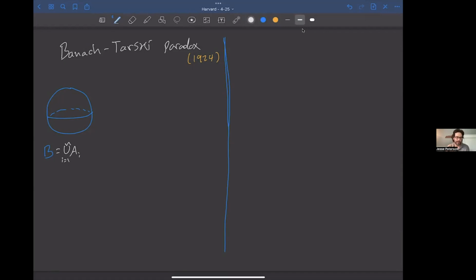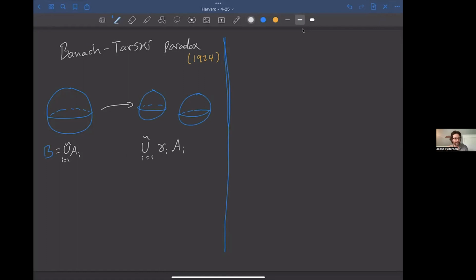And then for each one of these finitely many pieces, you can apply a Euclidean transformation, so just rotation, shift, reflection, etc. And then, after applying a different Euclidean transformation to each piece, you can arrange it so that you get 2 unit balls. So this new thing is the union, as i goes from 1 to n, of some gamma_i A_i, where the gamma_i's are Euclidean motions.